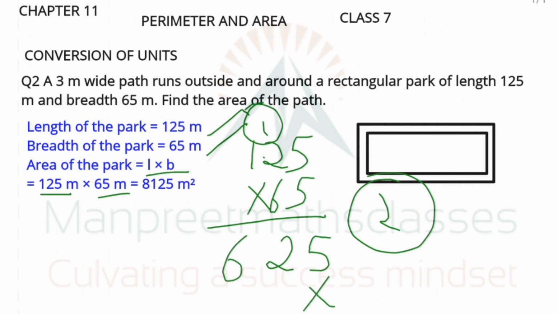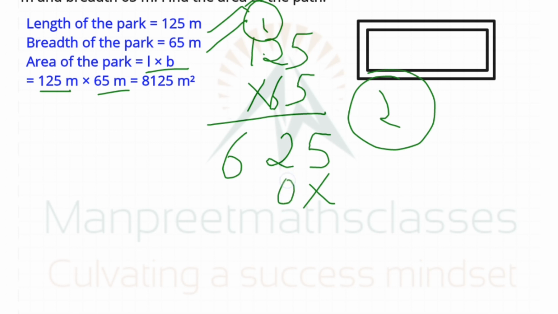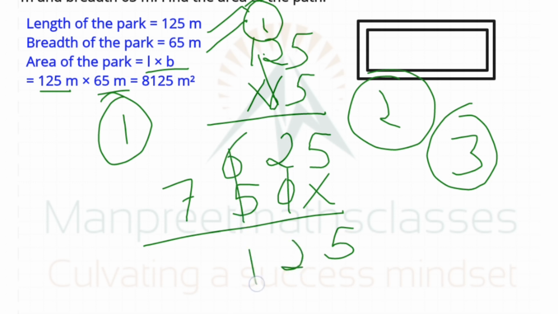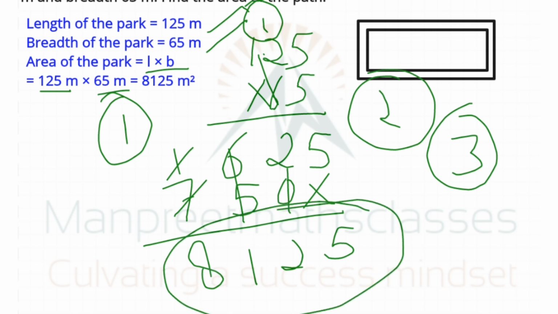Now we will multiply with 6. 6 5s are 30, 0, 3 carry, 6 2s are 12 plus 3 is 15, 5, 1 carry, 6 1s are 6 plus 1 is 7. Now 5, 2, 5 plus 6 is 11, 1, 1 carry, 7 plus 1 is 8. So 8125 meters square is the area of the park.